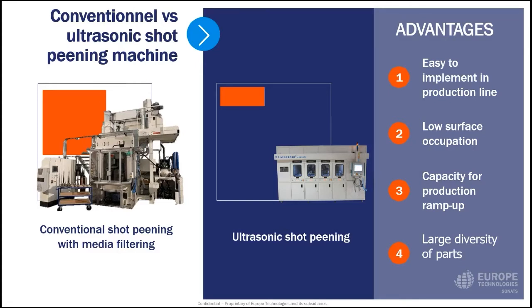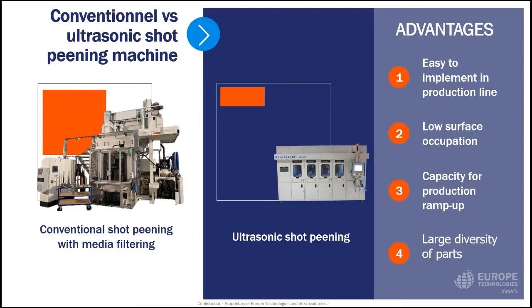A 4-station machine can produce up to 500,000 parts per year, with a takt time nearly equal to 30 seconds. This yearly capacity can be scalable according to your production ramp-up and the quantity of references you want to peen.